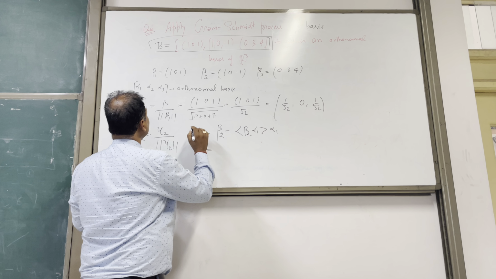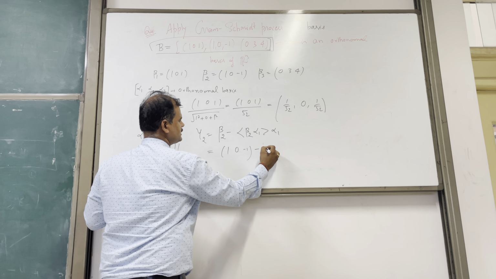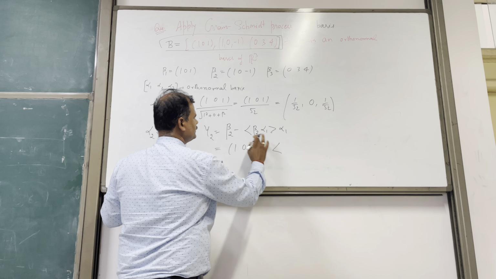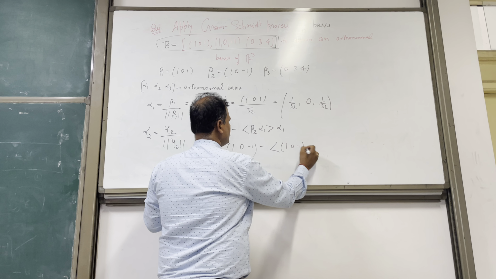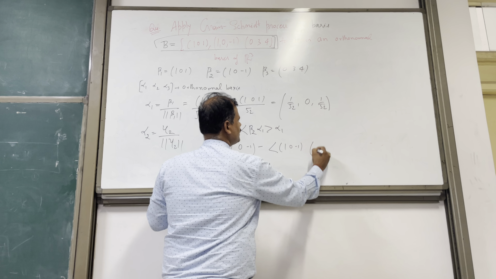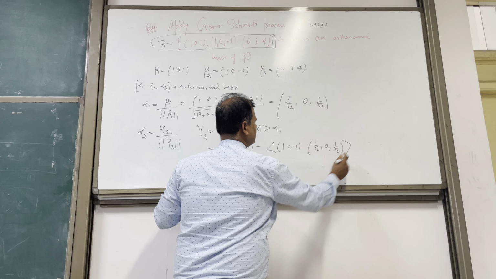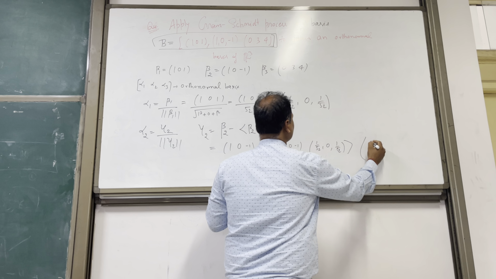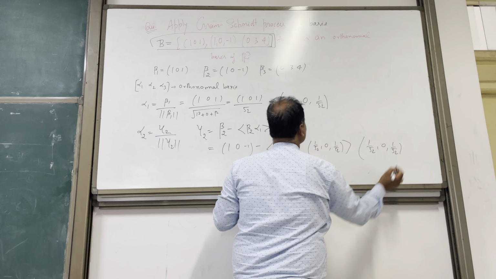So beta 2 equal to (1, 0, -1), and alpha 1 is (1 by root 2, 0, 1 by root 2).